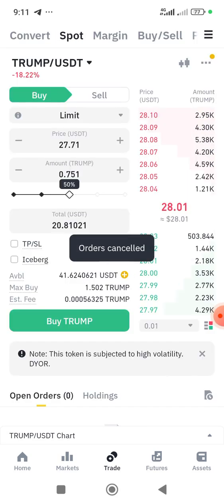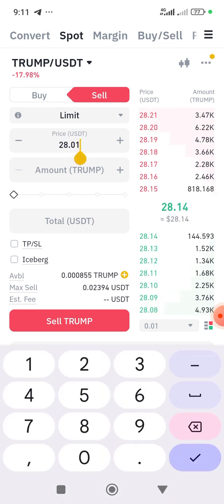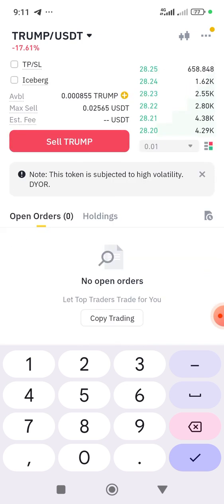Now if I have bought it and I want to sell it, the same process. I'll come here and click sell. When I click sell, I can say, okay, I bought this thing at the rate of 27, I want to sell it at 30. I will come here and put $30. Then I come down here and click sell. Immediately I click sell, the order will be created.